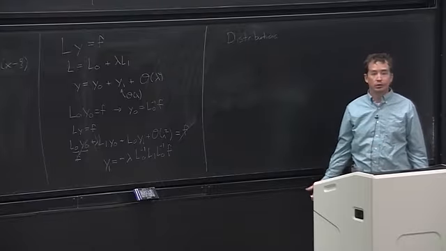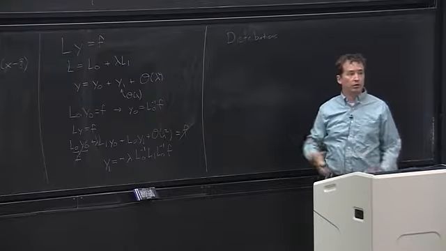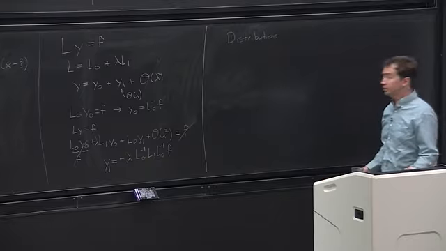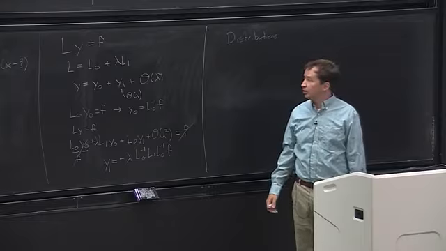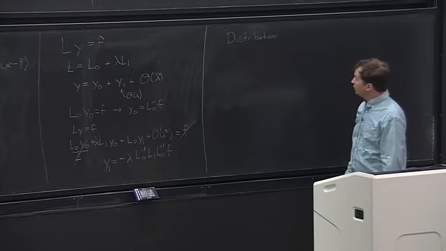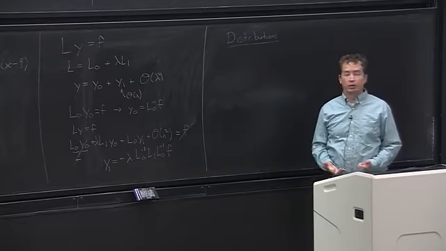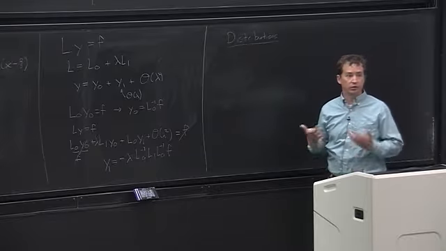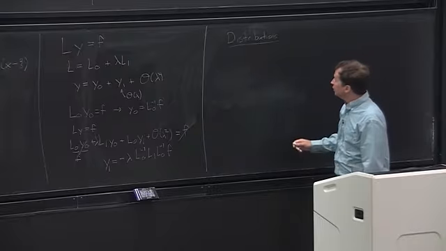Okay, so to conclude our section on distributions, we've seen the various operations we can perform on distributions: derivation, multiplication, composition. We've talked about two important applications, Green's functions and functional derivatives. And there's one important thing we can't do that I haven't discussed so far, but it's something that will come up, but it's not a well-defined operation.